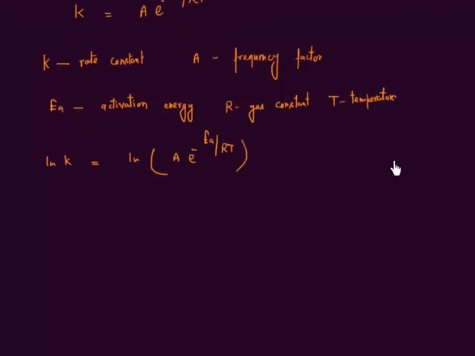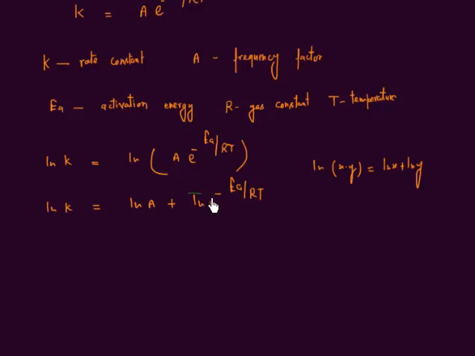Well, we know that ln (x times y) can be written as ln x plus ln y, and we apply the same concept over here. As a result, the expression we get is ln k = ln A plus ln e^(-Ea/RT).